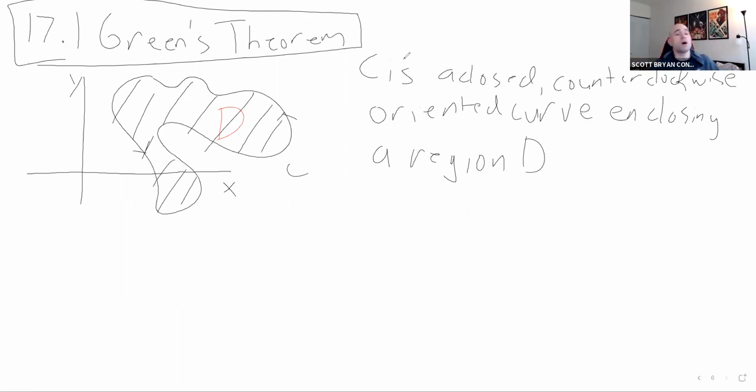And this is our setting here. Okay, so what we're going to do is Green's theorem basically tells us how to take a line integral around a closed curve in R2 and turn that into a double integral over the enclosed region.